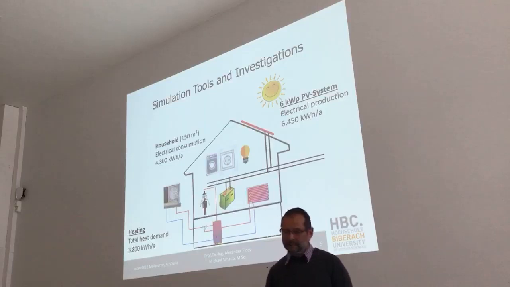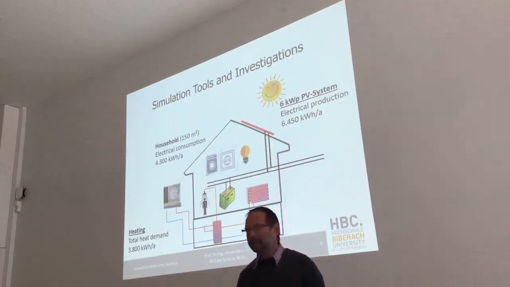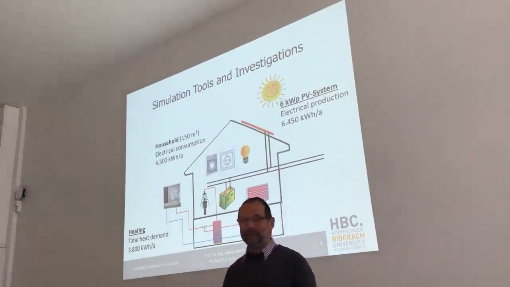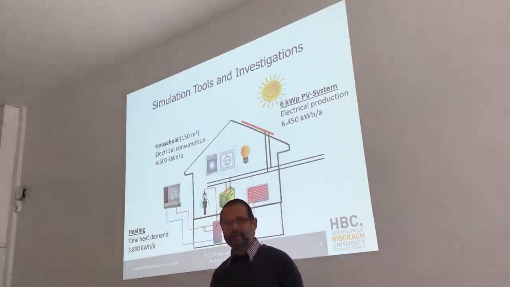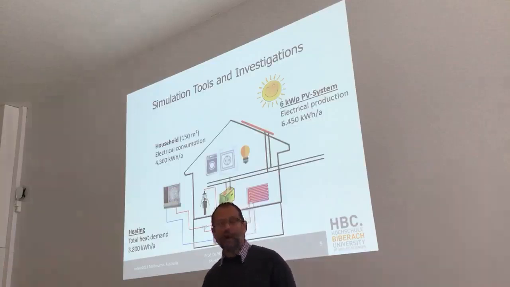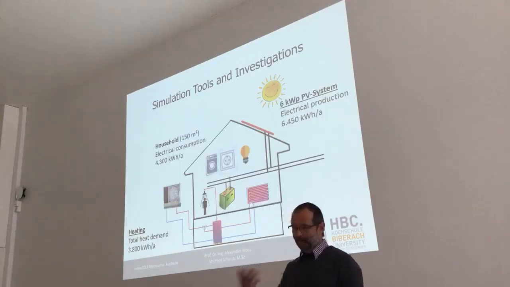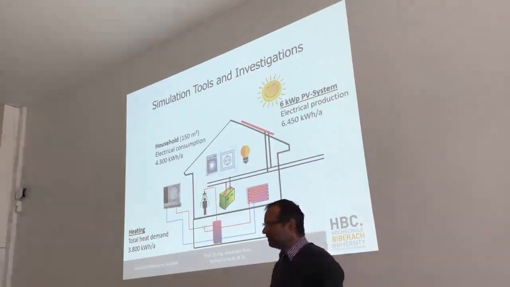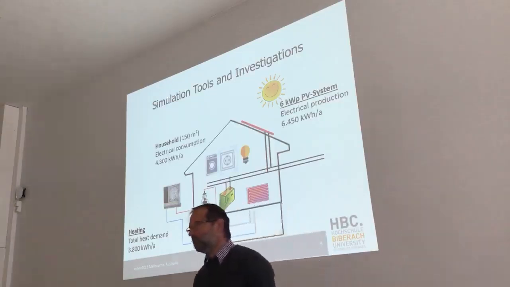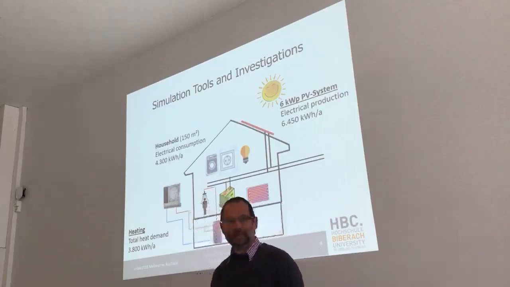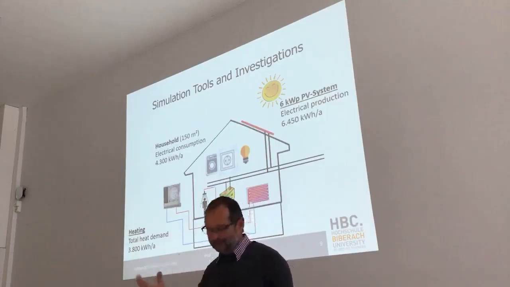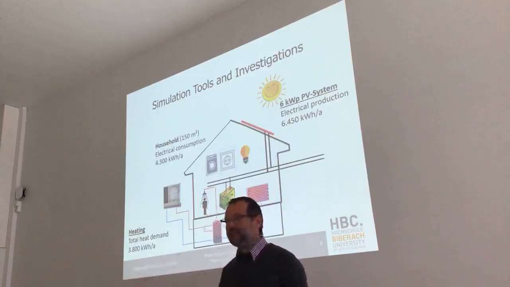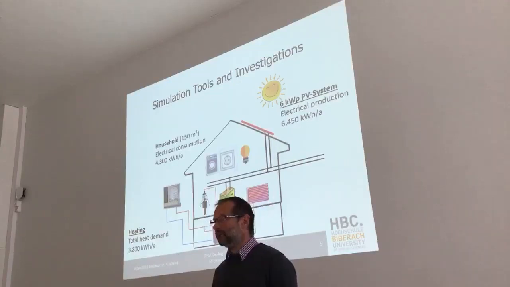In the second series of simulation, the capacity of the battery was fixed to 10 kilowatt hours, and a heat pump system with different sizes of storage tank was added to the system. It is important to notice that the heat pump system was only driven with a surplus of PV electricity.